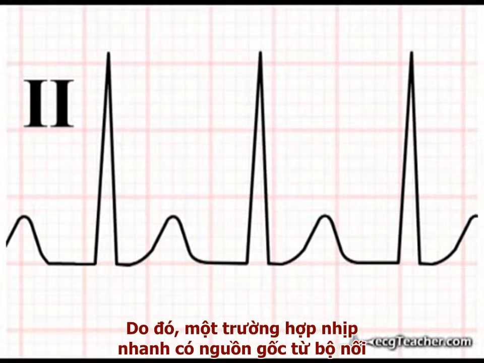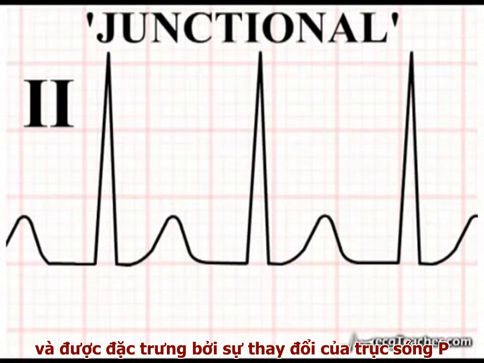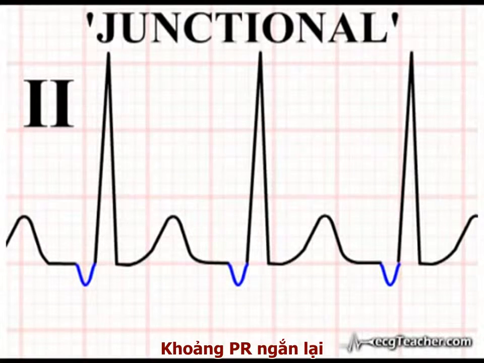So, a tachycardia arising from a focus in the junctional region is regular, narrow complex, and is characterized by a shift in the P wave axis such that the P waves are negative in the inferior leads. The PR interval is shortened.